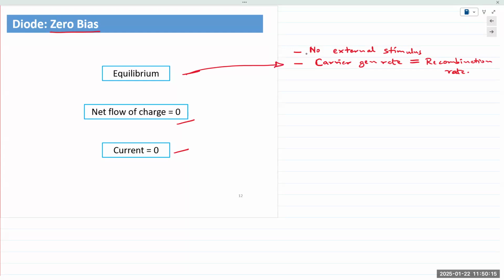This is right when the device is created, fabricated or manufactured.